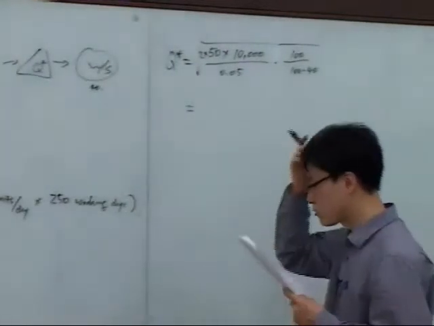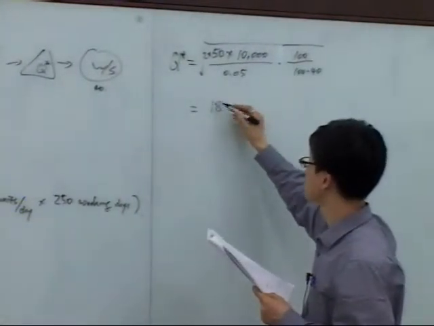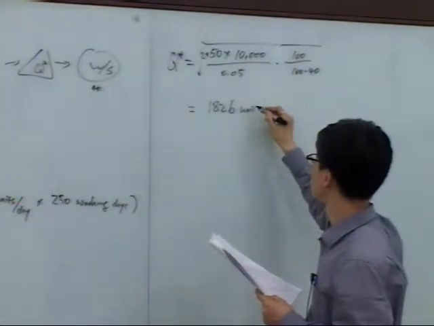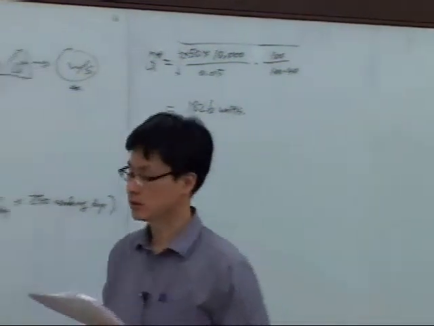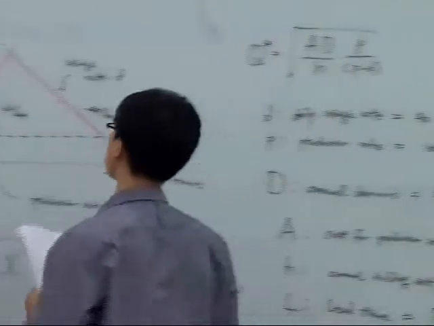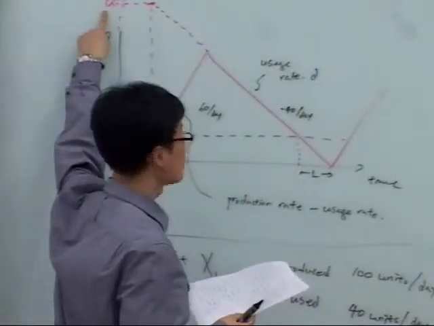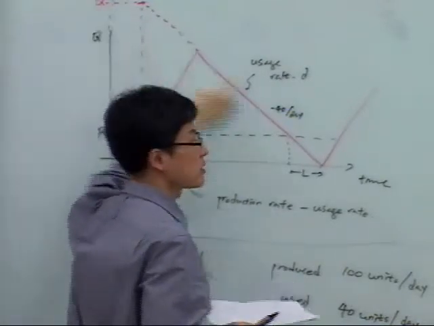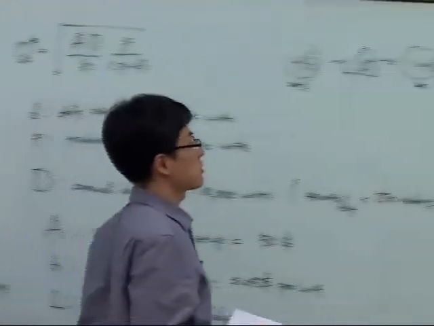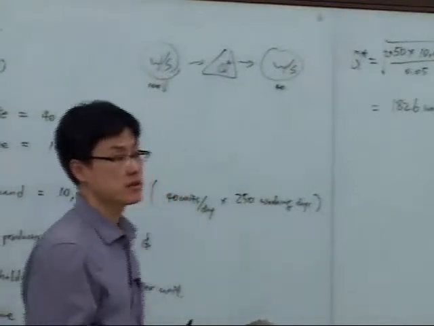Anyway, based on the calculation, the economic order quantity is about this, not this peak. This virtual peak is 1,826 units.